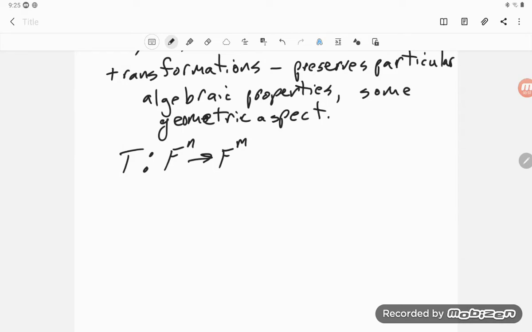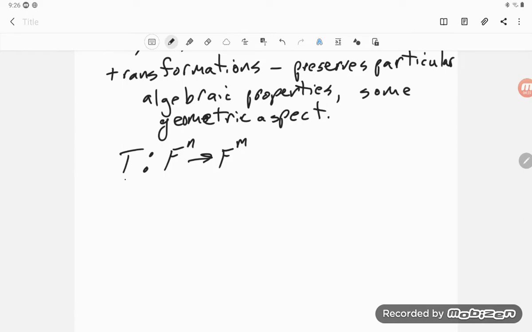Well, the author likes to talk about fields and so forth. So typically for us, this F^n and F^m, and also for this author in this course anyway, are just going to be n-dimensional vectors or m-dimensional vectors, okay?